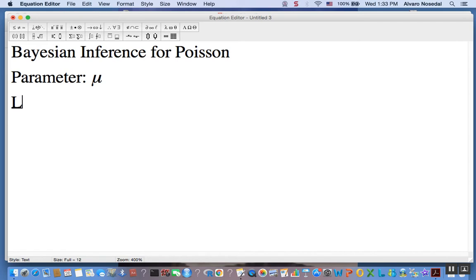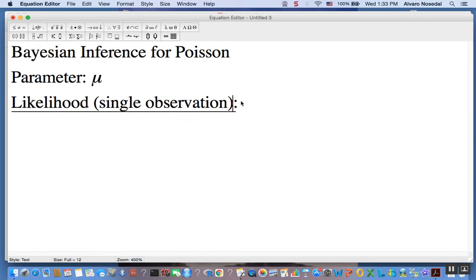Let me remind you what the likelihood looks like. First, we are going to talk about the likelihood for a single observation. That will be our starting point.